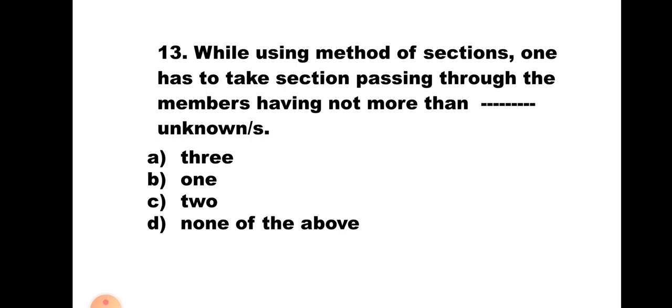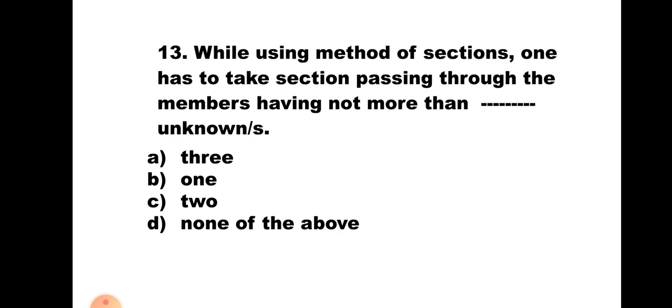Question number 13. While using the method of sections, one has to take the section passing through the members having not more than dash dash dash unknowns: A, 3; B, 1; C, 2; and D, none of the above. Now whenever you are taking a section, either side of the section is in equilibrium under the action of coplanar non-concurrent forces.